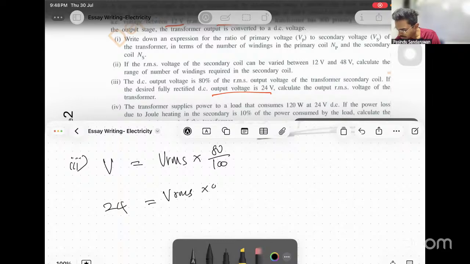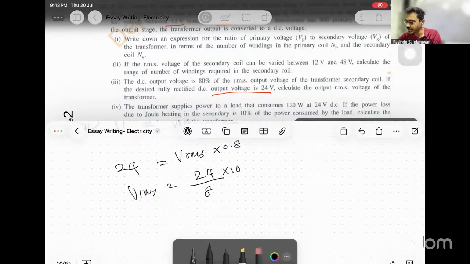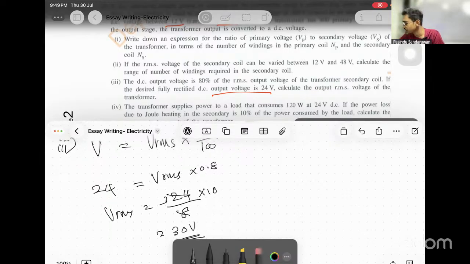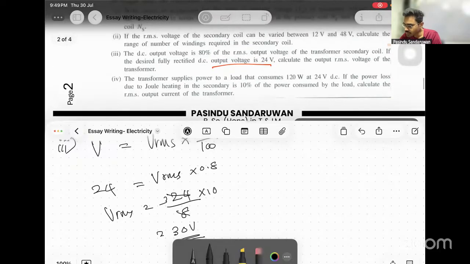This is 0.8. Then VRMS equals 24 over 0.8, which is 8 over 10. 8 times 3 gives 30 volts. So 80% is utilized, and the RMS value needed is 30 volts. That's the last one. Question 4.